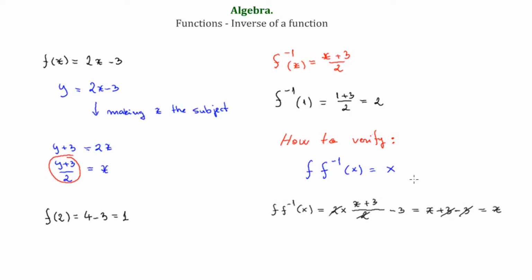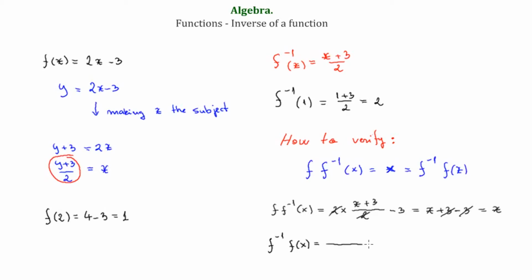Also, we can add that it doesn't matter whether it's f of f to the power of minus 1 of x or f to the power of minus 1 of f of x. The result should be the same, x. Let's see this in action. f to the power of minus 1 of f of x will be equal to, in f to the power of minus 1, we replace the variable x with 2x minus 3.